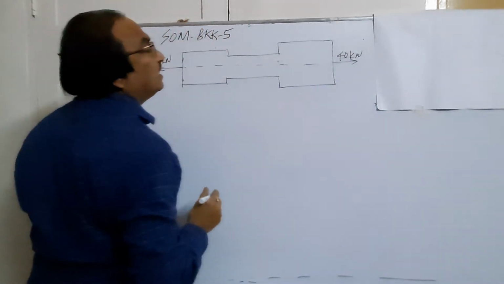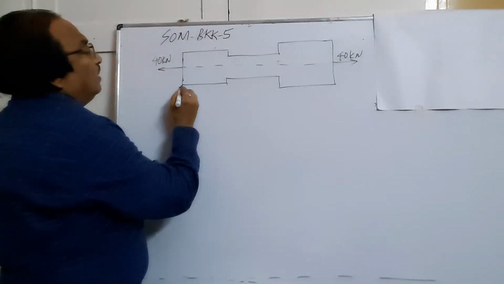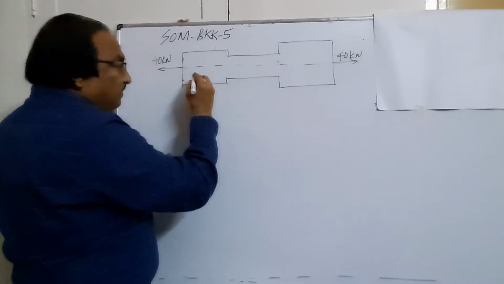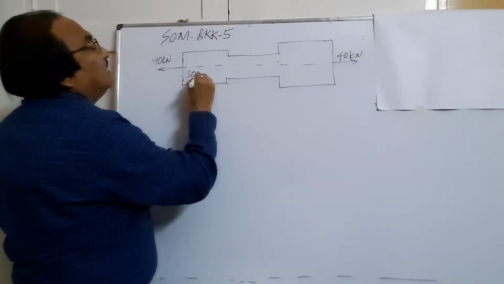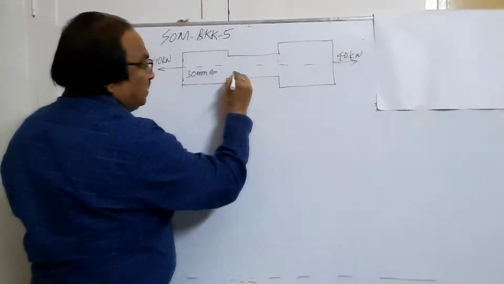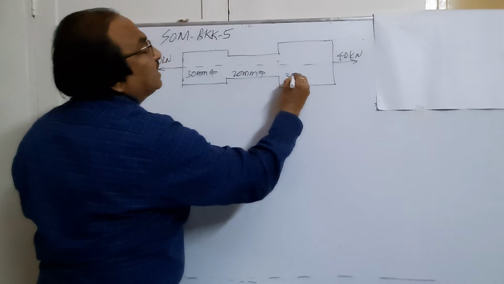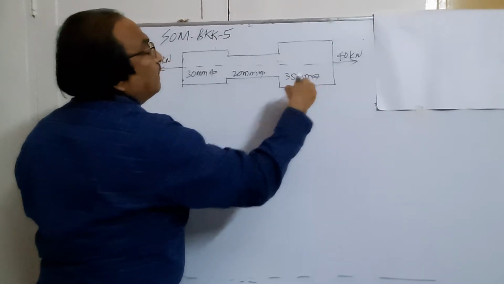This member is subjected to a uniform load. Suppose the diameter of the first portion is 30 mm, the second is 20 mm diameter, and the third is 35 mm diameter.